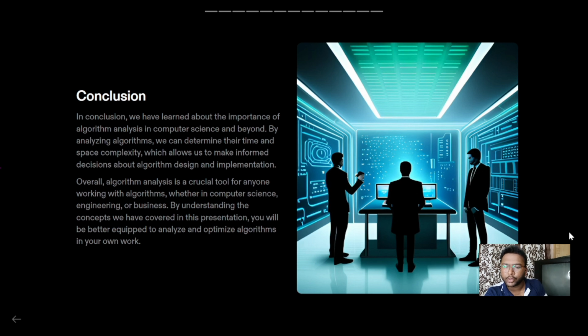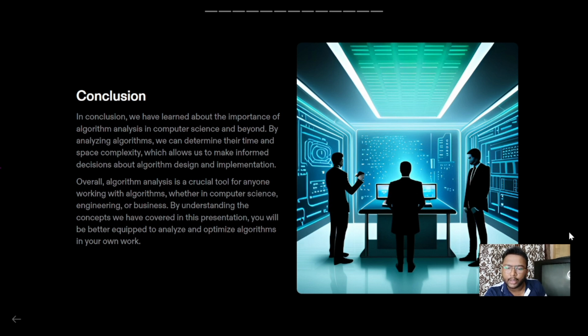So, coming on to the conclusion. In conclusion, we have learned about the importance of algorithm analysis in computer science and beyond. By analyzing algorithms, we can determine their time and space complexities, which allows us to make informed decisions about algorithm design and implementation.